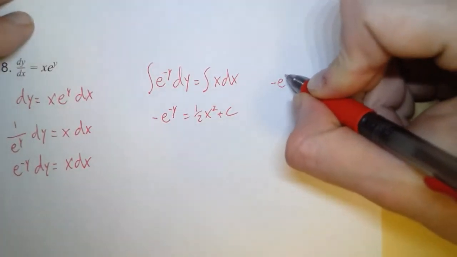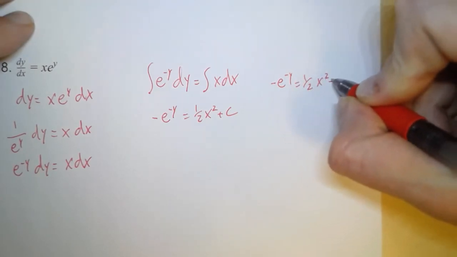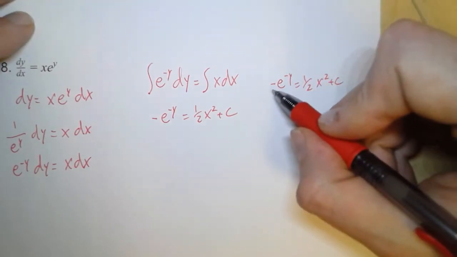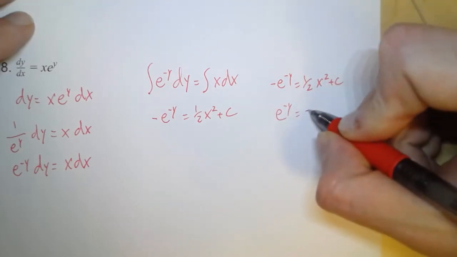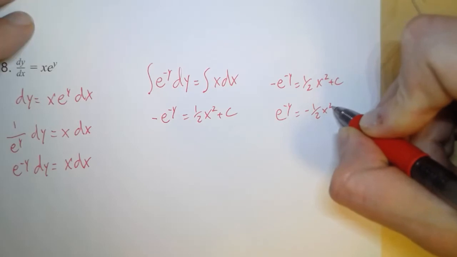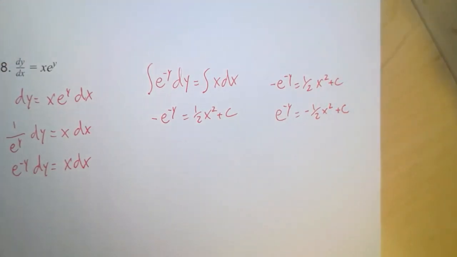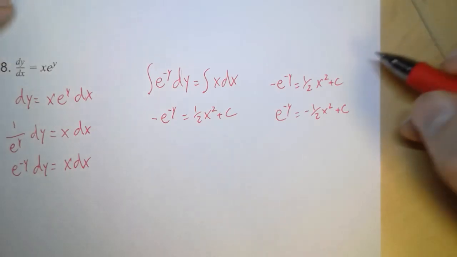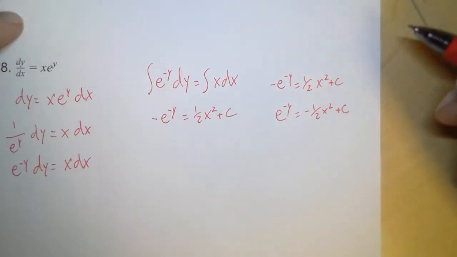So negative e to the negative y equals 1/2 x squared plus c. The first thing we have to do is get rid of the negative. So you have e to the negative y equals negative 1/2 x squared. Now because c is an unknown constant, multiplying it by a negative is a bit of a moot point. So I always say it's still an unknown constant, so just leave it as that.